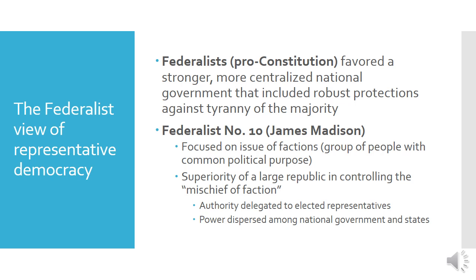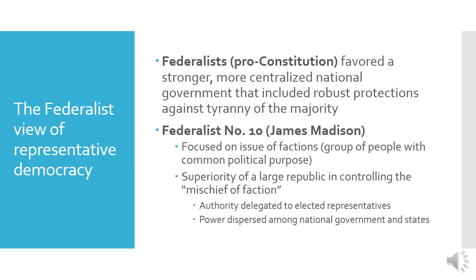He said you can't really do anything, it would be a bad idea and not really practical to prevent factions from forming in the first place. But when you have a large republic like the United States would be under the Constitution, as opposed to all these separate little mini republics in the states, that would be a good way of controlling factions.